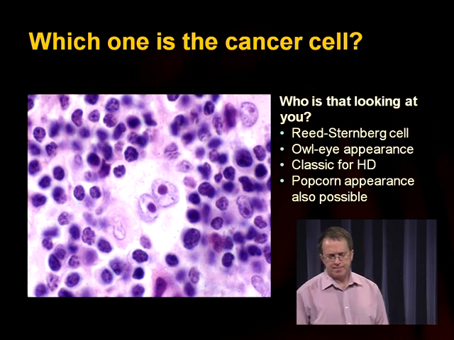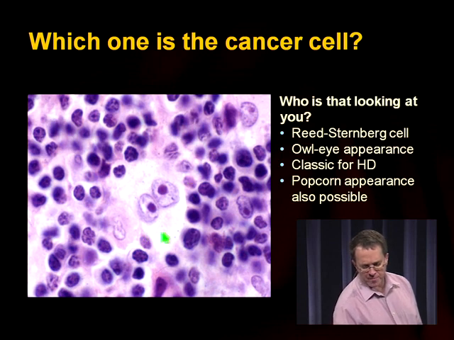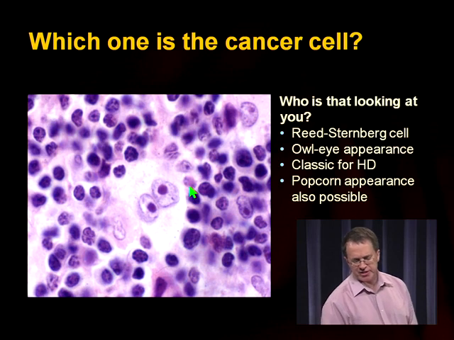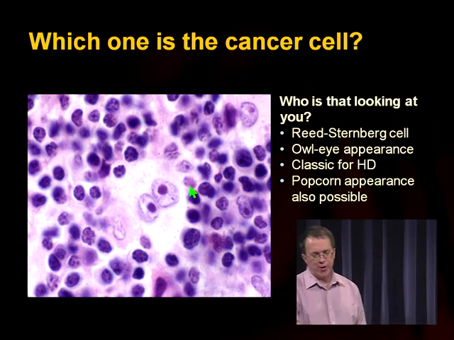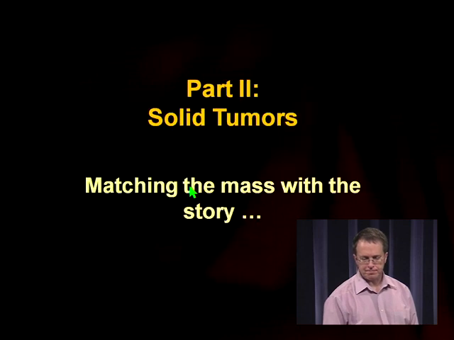Again, I put this one in here, not that I necessarily expect to see it on your boards, but it is a great picture, so its possibility of being there does exist. This is, from med school, the classic owl eye appearance of Hodgkin's disease and the Reed-Sternberg cell. Okay.